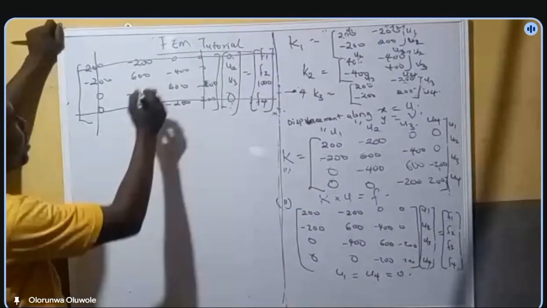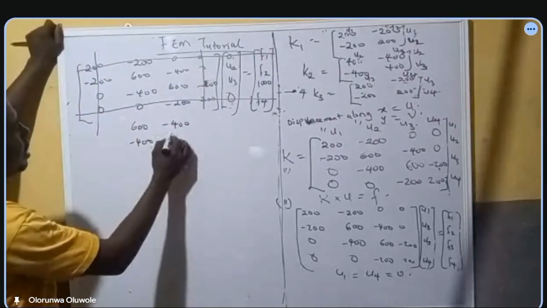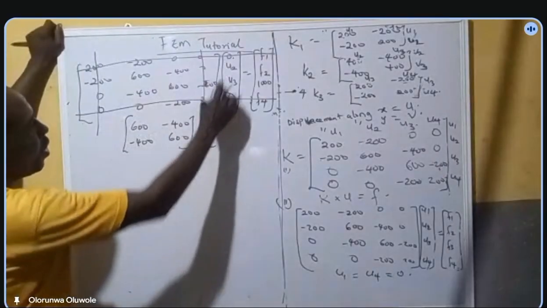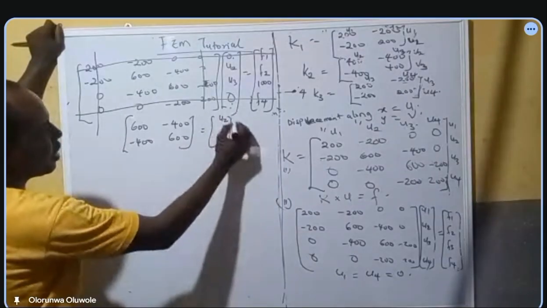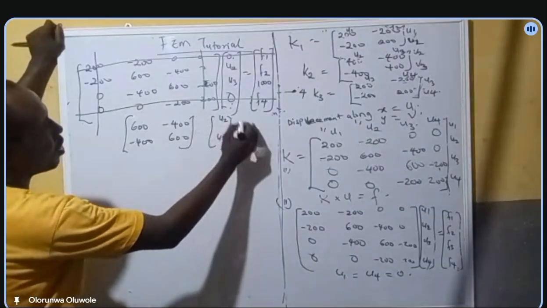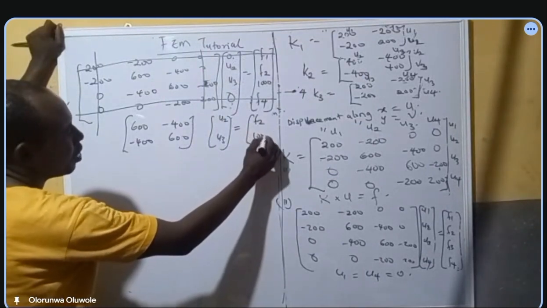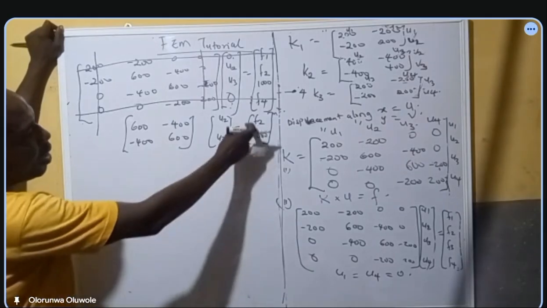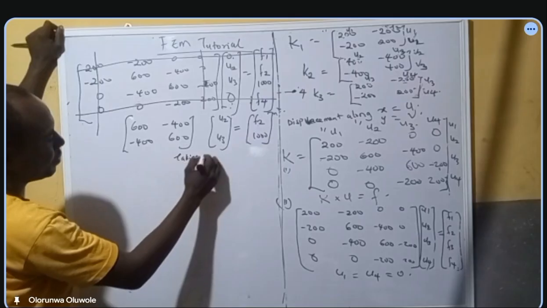Then we are left with minus 400, minus 400, then 600. Then you put this in your bracket, equals, we are left with U2 and U3, equals, we are left with F2 and 1000. Are we following?